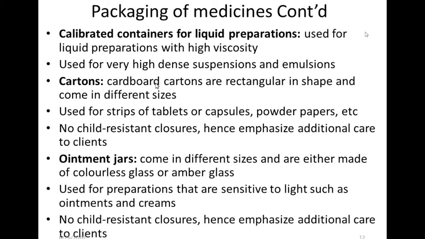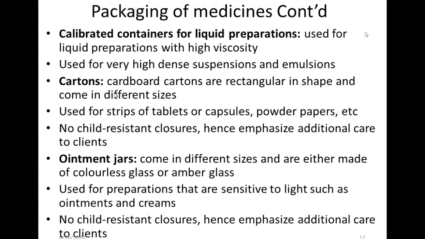Then we have what we call cartons. Cartons come in a rectangular shape, usually in different sizes. There are some which are very small. If you know a strip of a medicine, for example, a strip of paracetamol, a strip of metformin, a strip of amoxil, a strip of cephalexin, and so on, those strips can fit in, maybe where 3 can fit or 6 can fit.